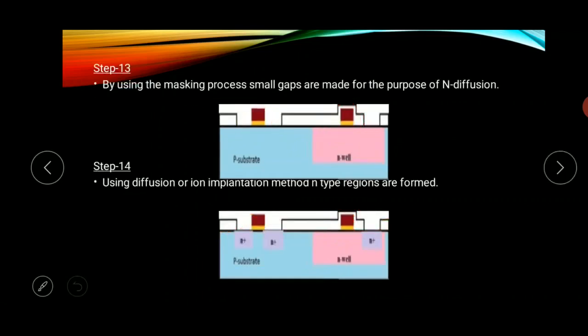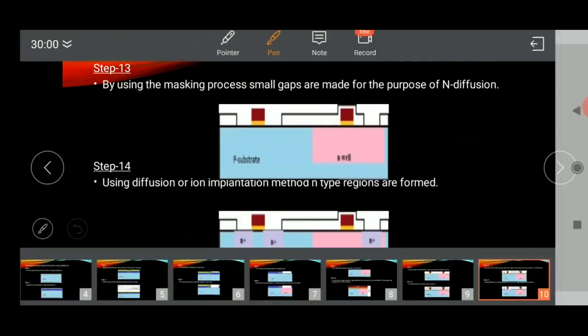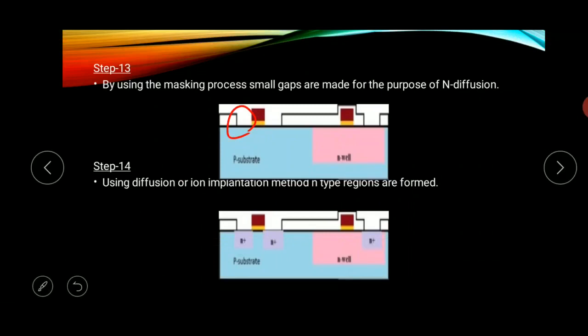Then in step 13, for formation of N-type regions selectively, the oxide layer is removed, which makes small gaps on the surface. Means we selectively remove the oxide layer from these regions. Because of that, 3 small gaps are formed.